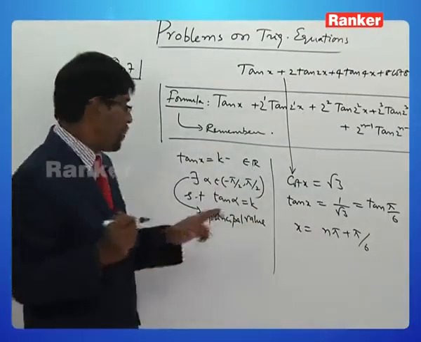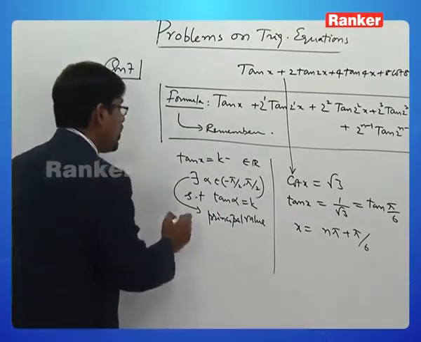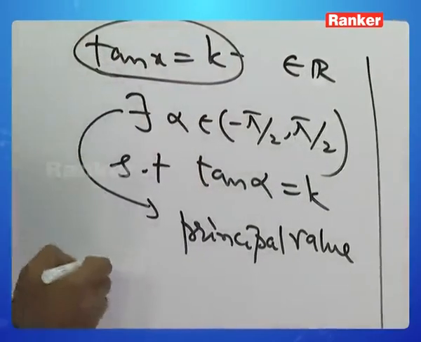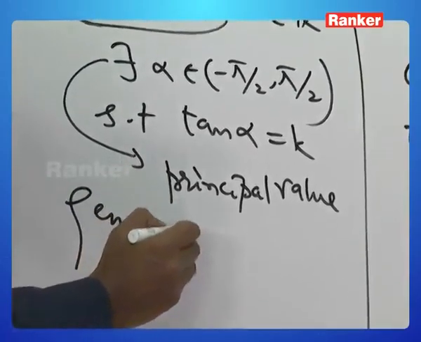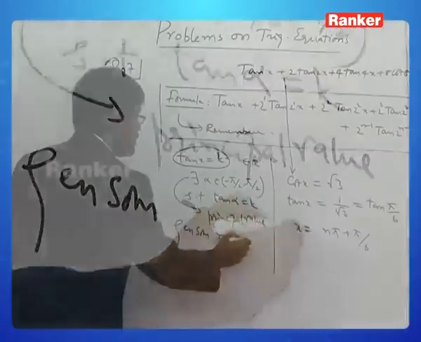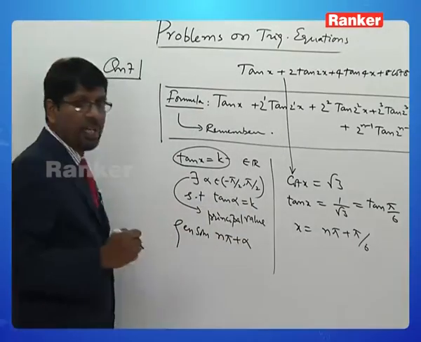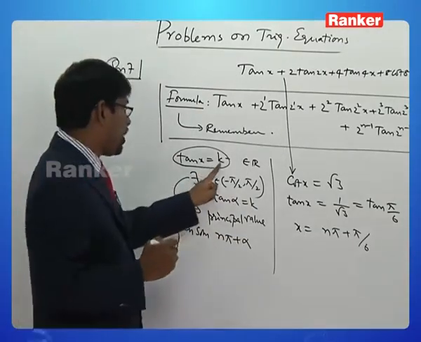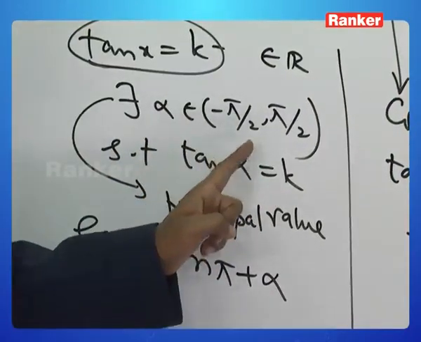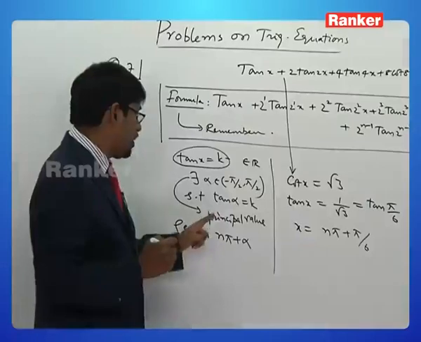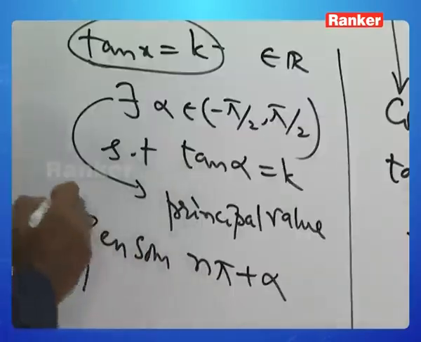Now once you know the principal value, how do you write the general solution of this equation? The general solution is given by n pi plus alpha. So the general solution of tan x equal to k, where alpha is one of the solutions which lies in the open interval minus pi by 2 to pi by 2, is given by n pi plus alpha.